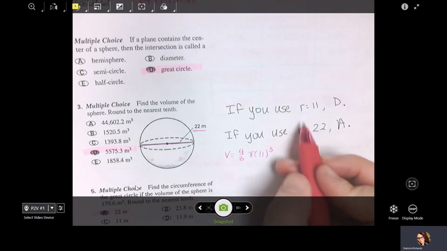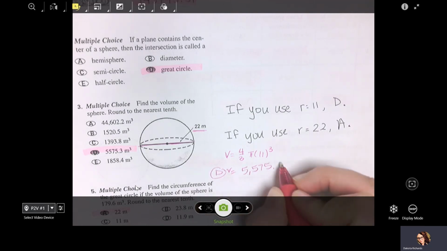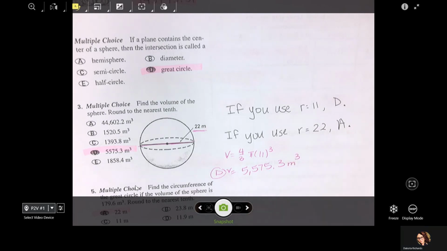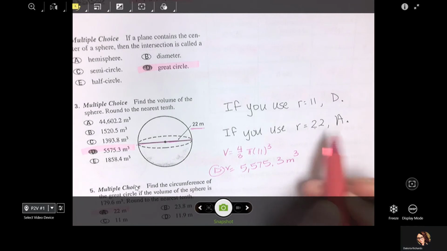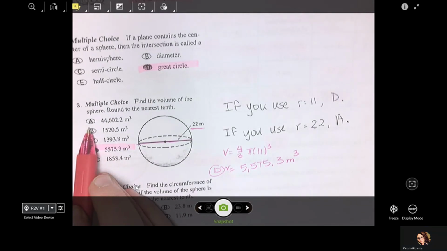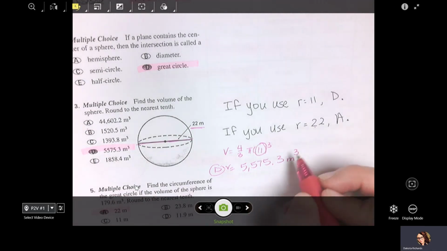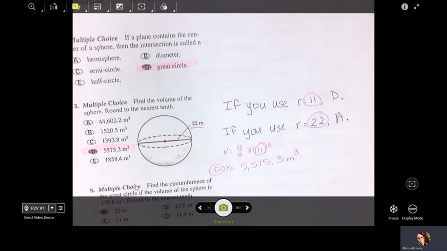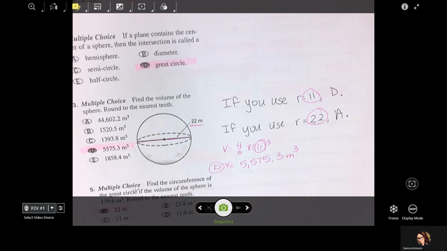So if you used 11, your answer was going to be this answer D, which is 5,575.3 cubic meters. If you used 22 as your R, the correct answer would have been A. So all you're doing, you're plugging either 11 or 22 in to the volume formula of a sphere. Okay. Any other questions from yesterday's volume assignment?